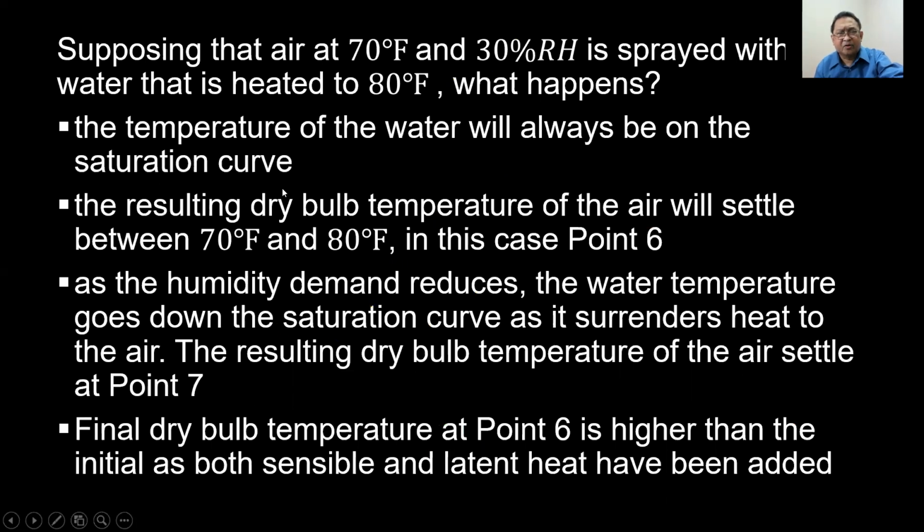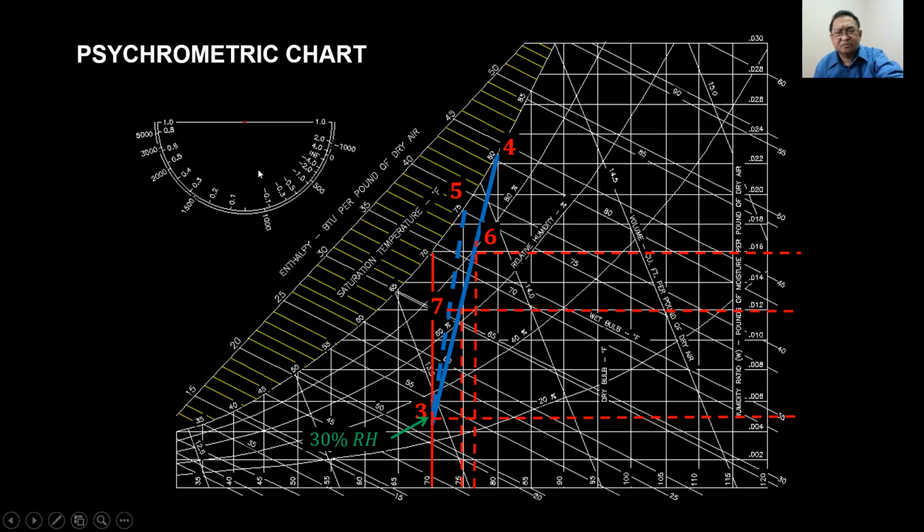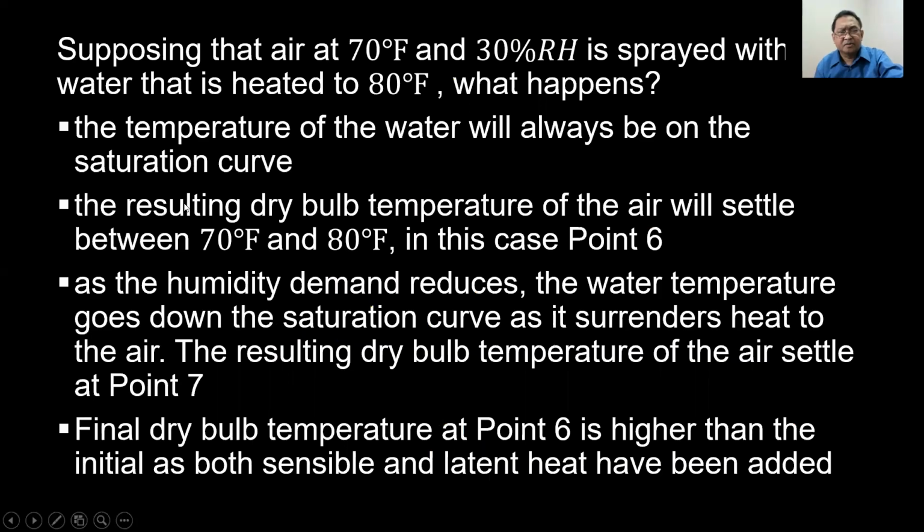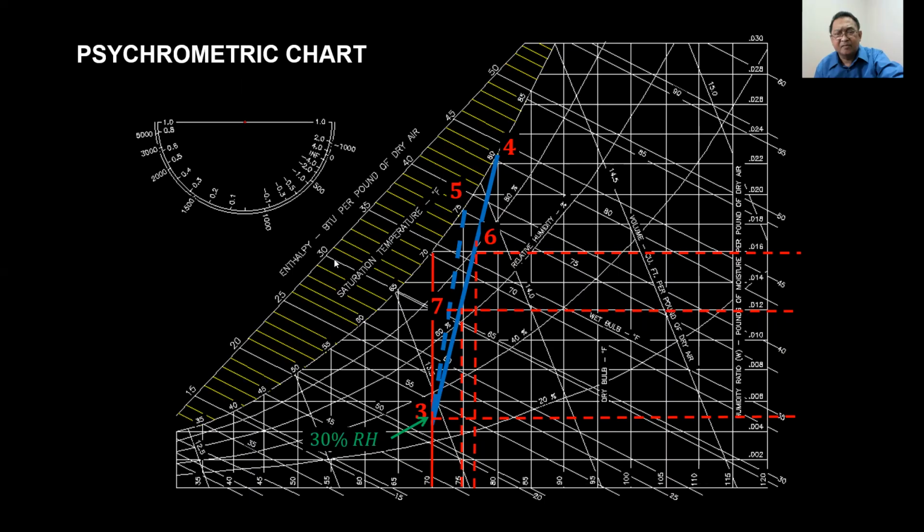So the temperature of the water will always be on the saturation curve, like here. And the resulting dry bulb temperature of the air will settle between 70 and 80, in this case point 6.